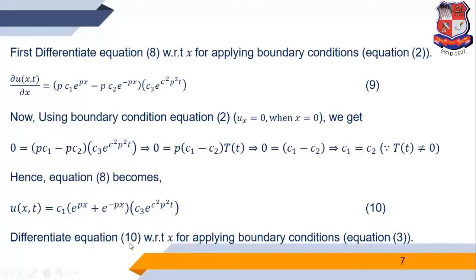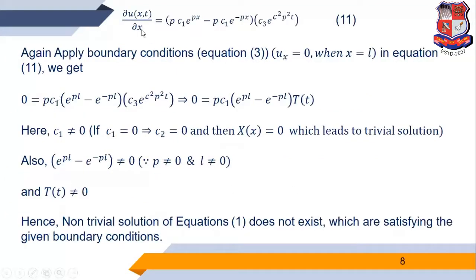So differentiate equation 10 with respect to x. So ∂u/∂x is equal to p c1 (e^(px) minus e^(-px)) into c3 e^(c²p²t), equation 11.